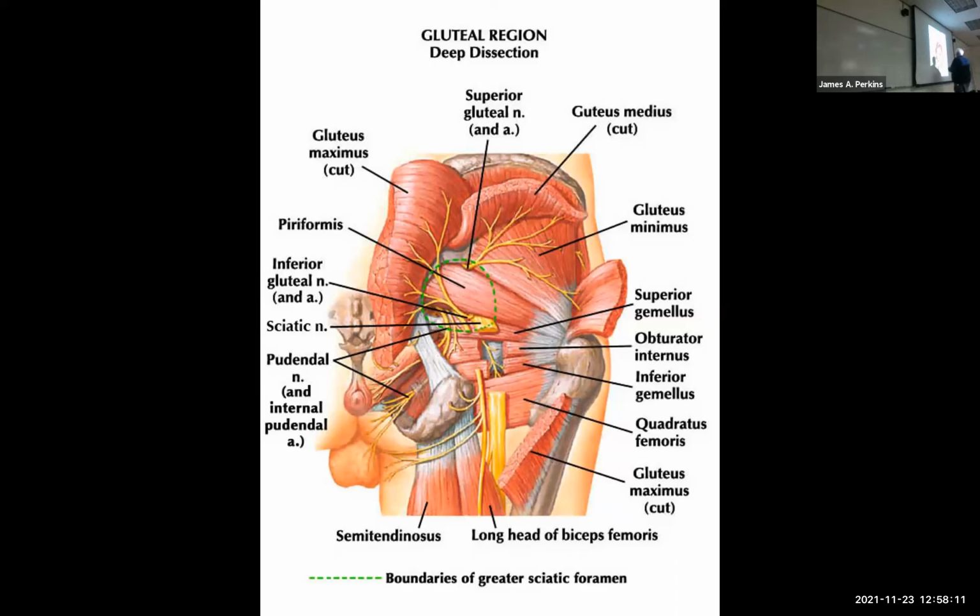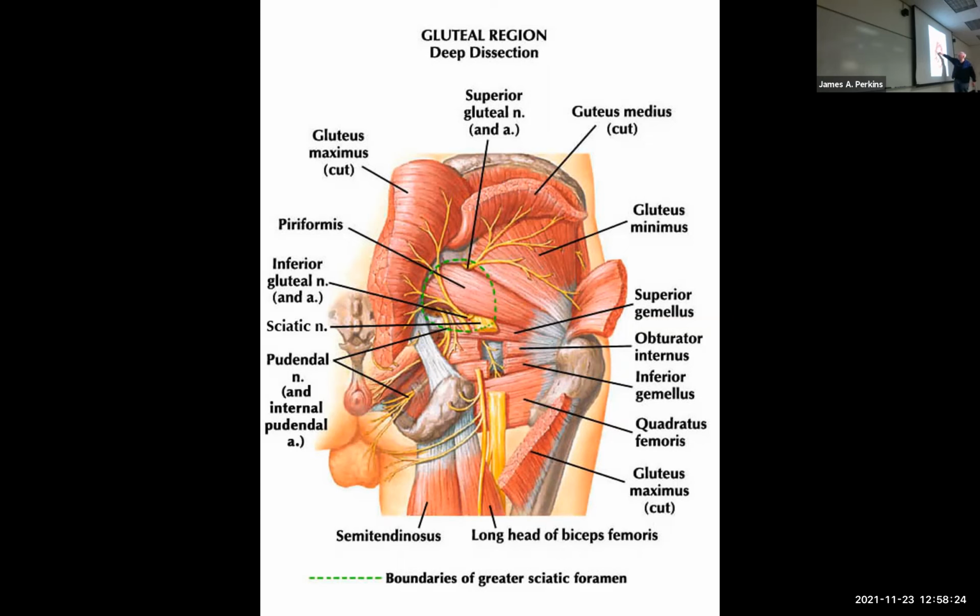There's another nerve exiting the greater sciatic foramen, just inferior to the piriformis. If you follow this nerve, you can see that it gives off a whole bunch of branches, but all of those branches are traveling to different parts of the gluteus maximus.